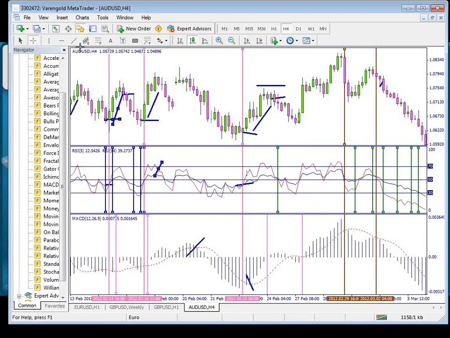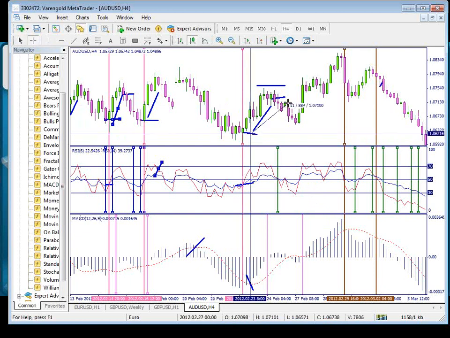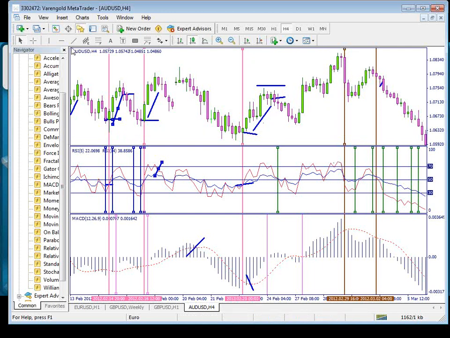So instead of taking one buy, one sell, and one buy, so instead of taking 3 orders, we could simply stay in that buy order until this high. I think that around this area, that is equivalent with that area.